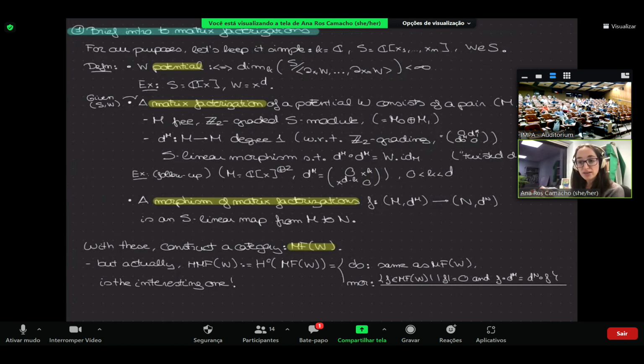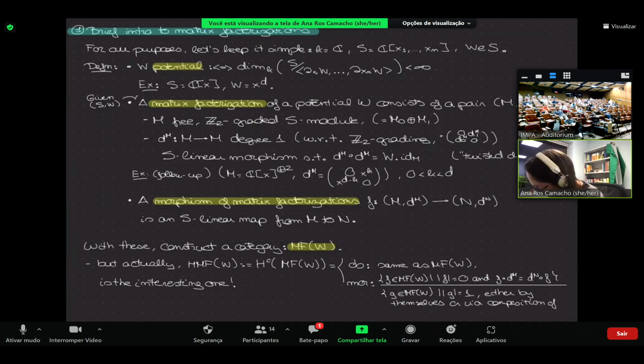So I want to exclude the second option, and for this, I'm going to mod out any maps in MF such that they have degree 1, either because they are degree 1 by themselves, or by a composition of the twisted differential and a morphism of degree 0.